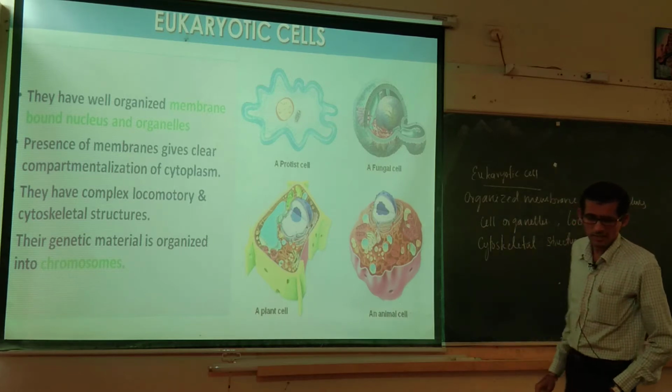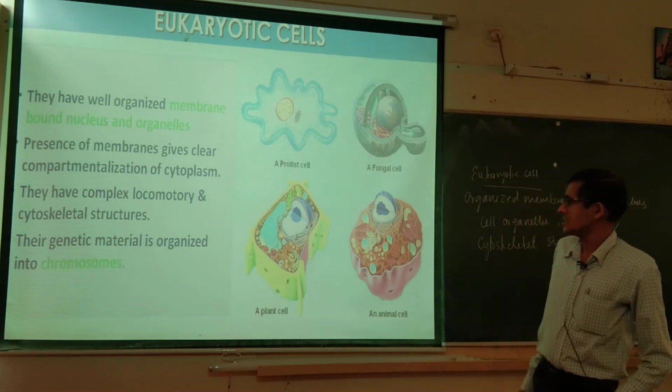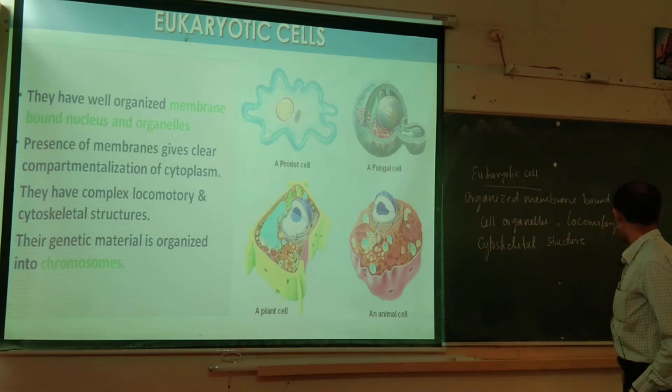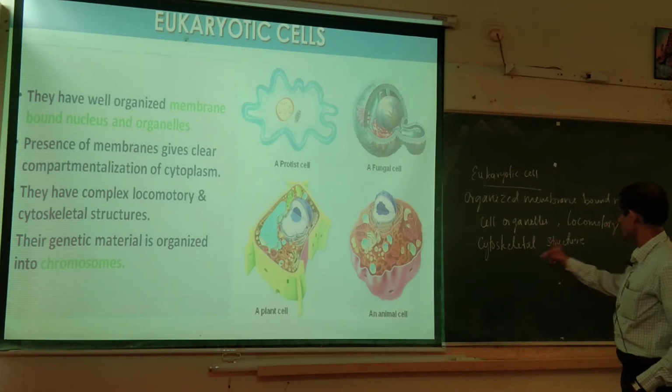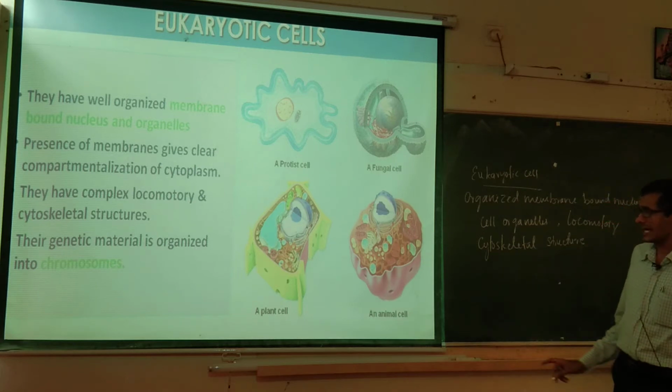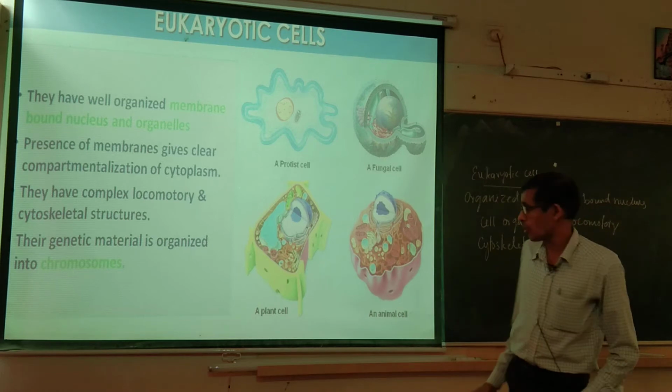Locomotory means with respect to movement. So locomotory and cytoskeletal structures are observed in the eukaryotic cell. Then their genetic material is organized into chromosomes.